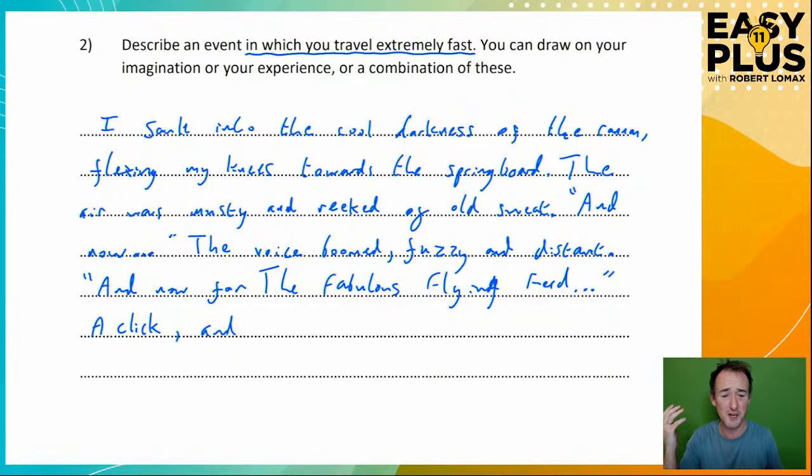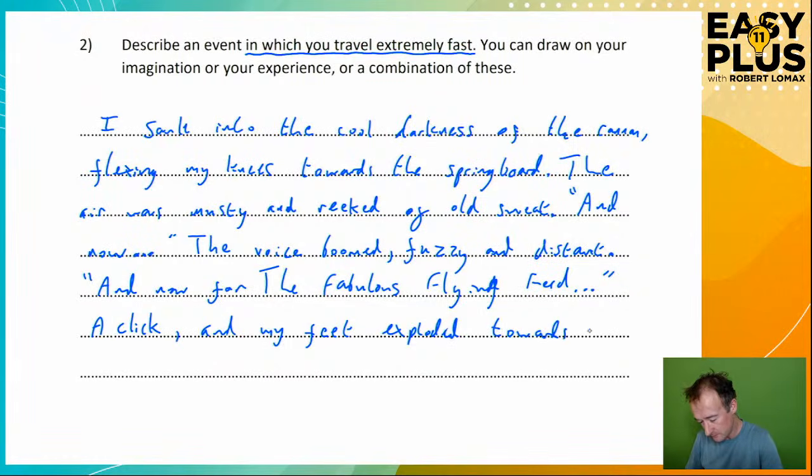Well, for me, it's probably my nose because it sticks out so far. But for you, let's say it's your eyes. So a click and my feet, and my feet exploded. My feet didn't explode. You have to carry this on or else it's absurd, as though your feet have been blown apart. And my feet exploded towards my eyes.